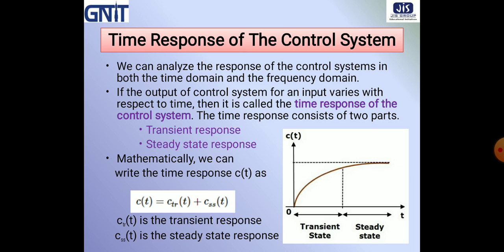So c(t) is equal to c_tr(t) plus c_ss(t), where c_tr means transient response plus c_ss, that is steady state response. So total time response of a system is the sum of time response in transient state and time response in steady state.